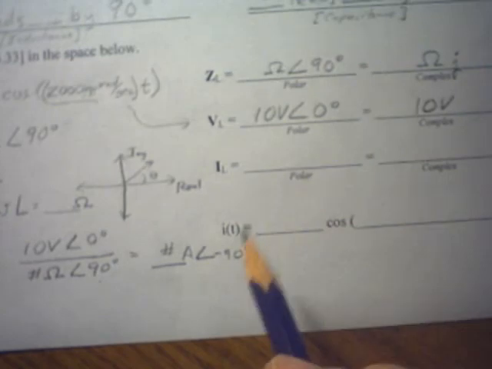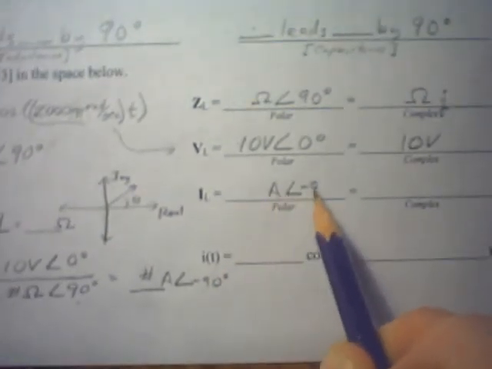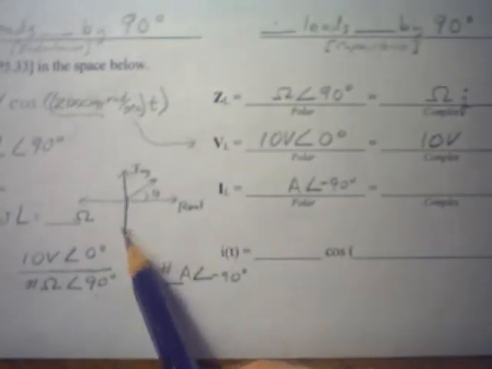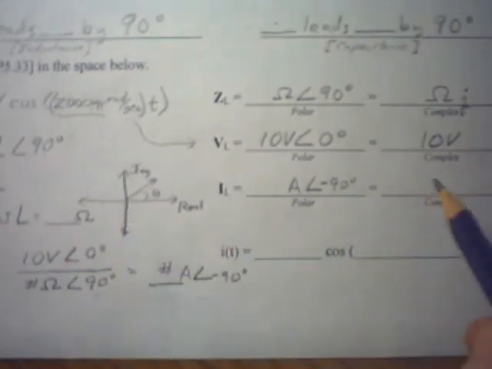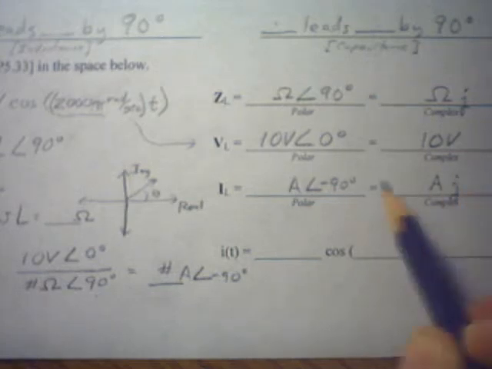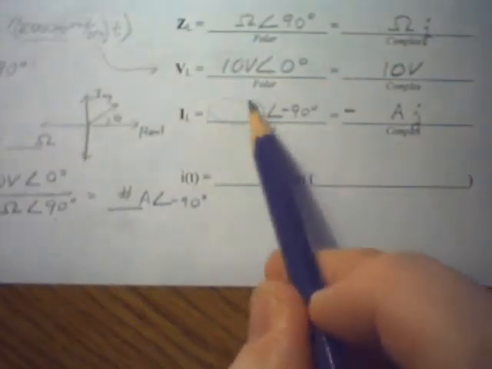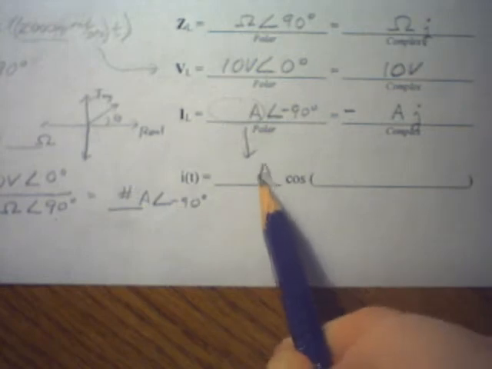So that means that the answer that goes here is a number in amps at an angle of minus 90 degrees, and because that's along the negative imaginary axis, that's going to be some number in amps times j with a minus sign out here. All you have to do after that is take this number that you have here, put it right there.